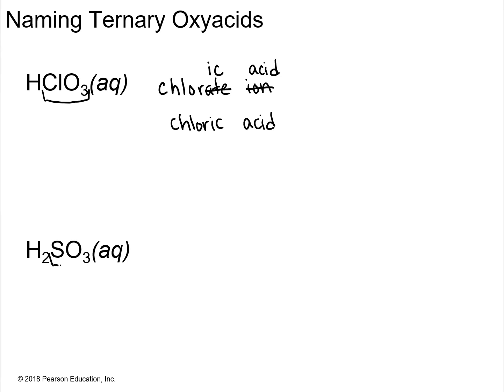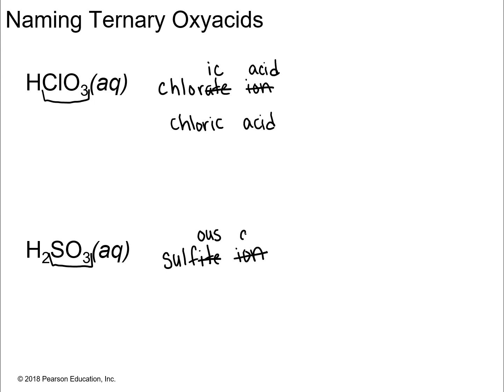Let's do that again. SO3. You look up what ion that is. That is the sulfite ion. For ITE, you get rid of that and replace it with OUS.